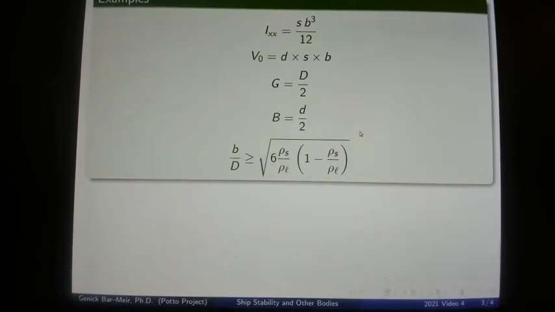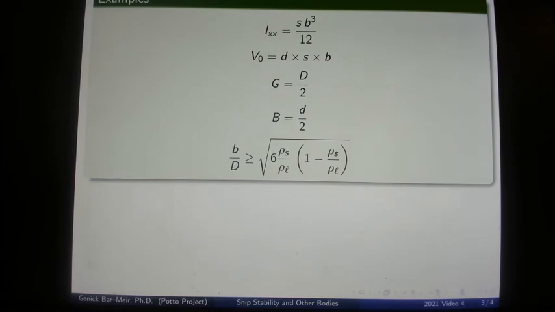For a rectangle shape, it's S B cubed divided by 12, and the submerged volume is d times S times B, which is very clear. And as I said before, the gravity center is big D divided by 2, and the buoyancy center is small d divided by 2.